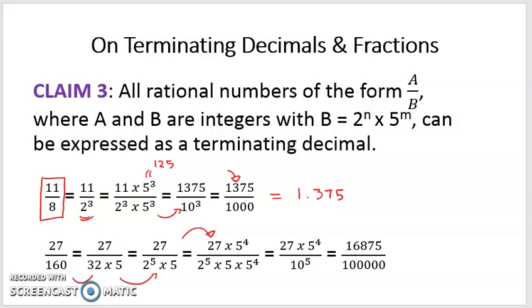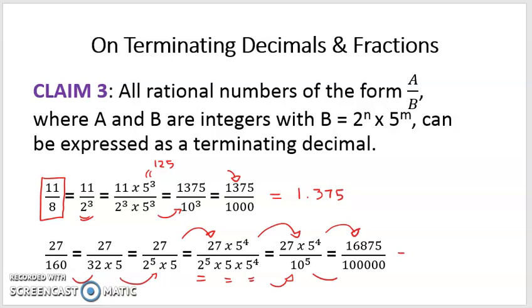So on the top, I get 27 times 5 to the 4th, which is 16,875. But on the bottom, I get 2 to the 5th times 5 times 5 to the 4th, which is 2 to the 5th times 5 to the 5th, which is 10 to the 5th. And 10 to the 5th is 100,000.